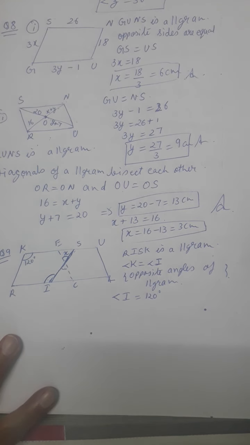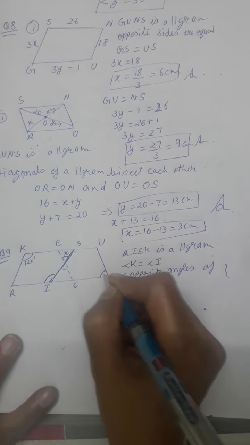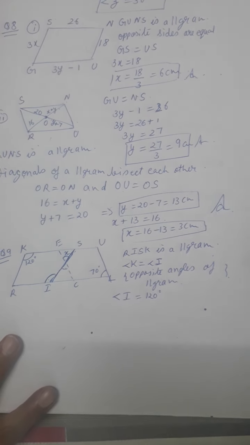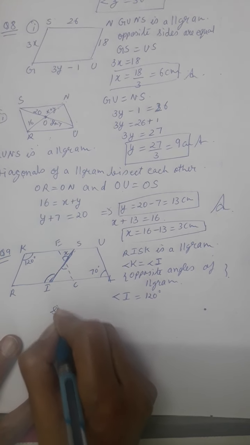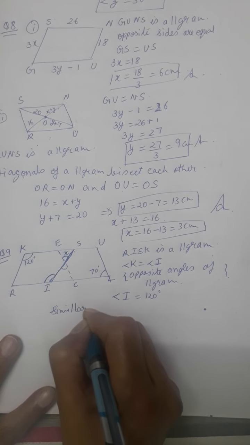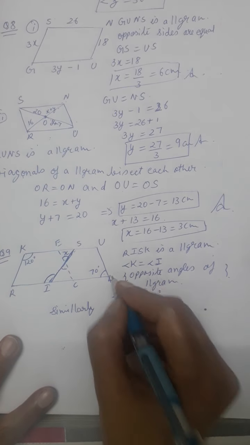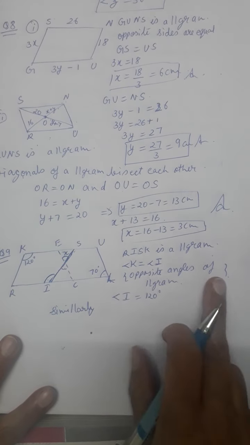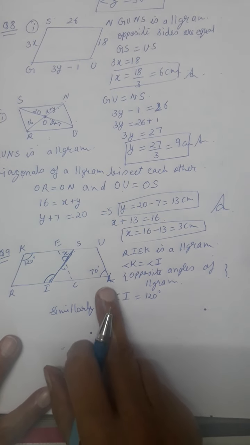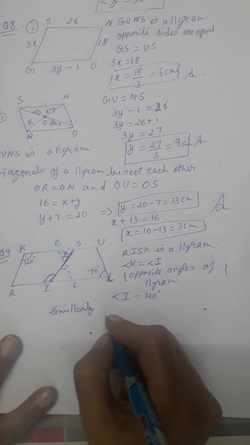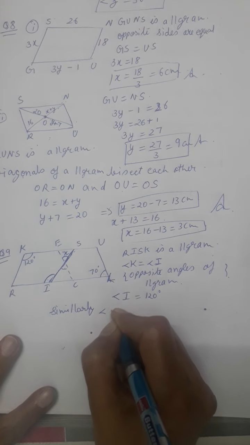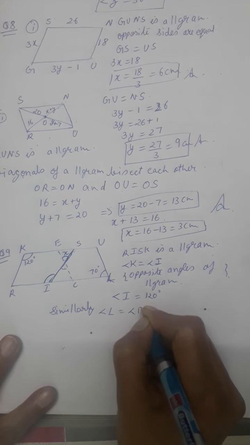Now one more value they have given, angle L, which is equal to 70 degree. Now similarly, angle L will be equal to angle E, by the same reason, opposite angles of a parallelogram, because CLUE is a parallelogram.